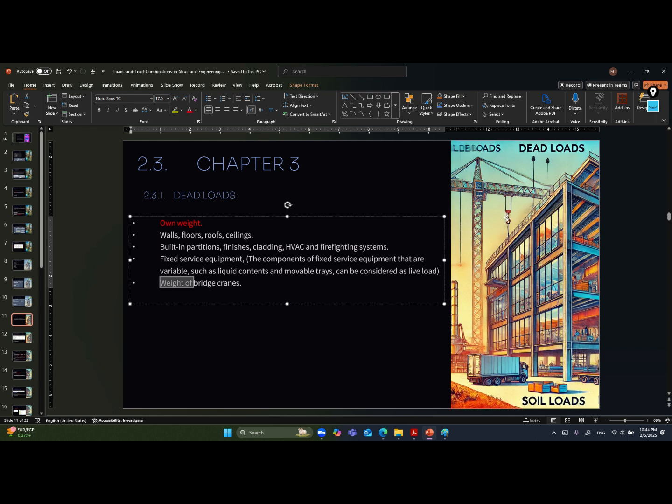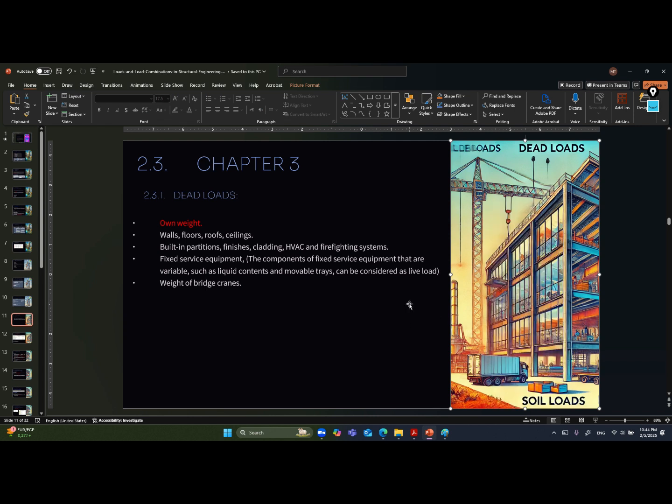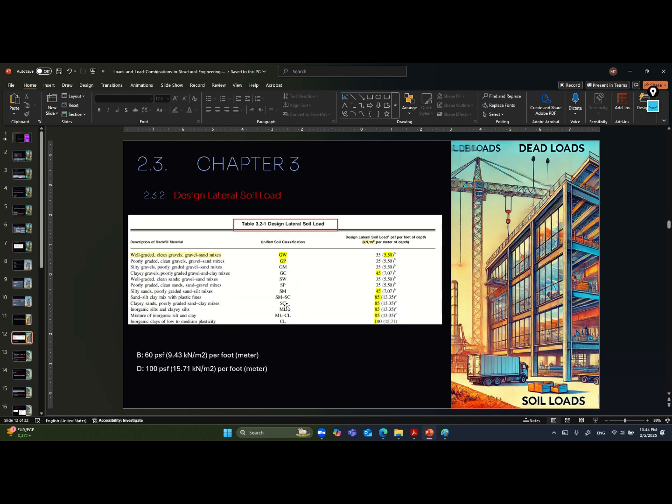Also, it can lift anything up to the rated capacity, and that is the live load. So you must consider which one is the dead load and which one is the live load, because when he asks you about a strength design, it will affect which one is multiplied by 1.2 and which one by 1.6.